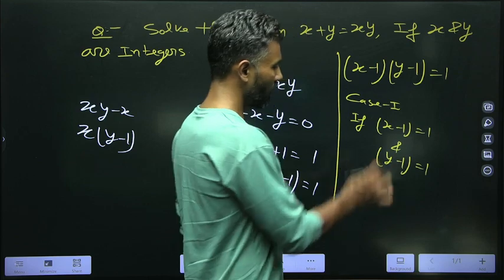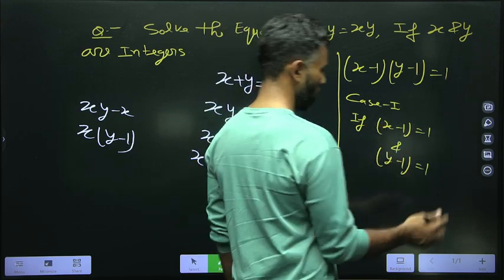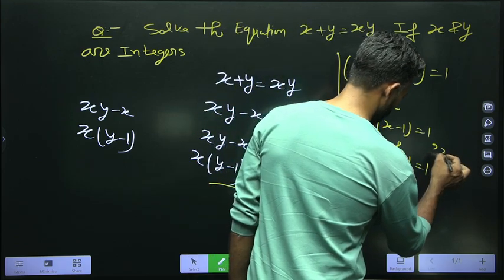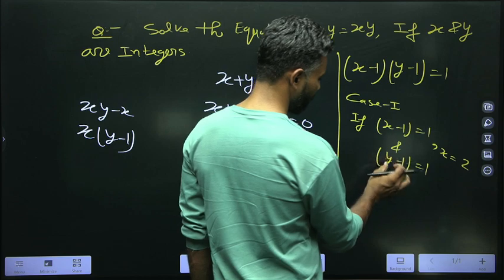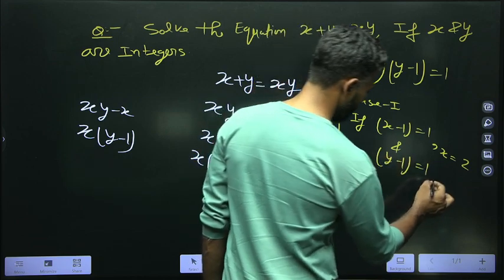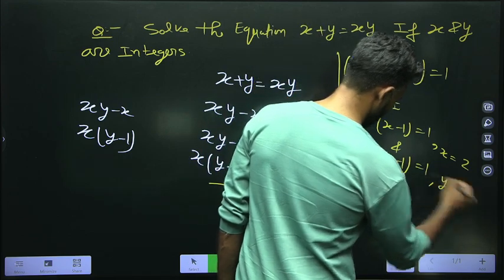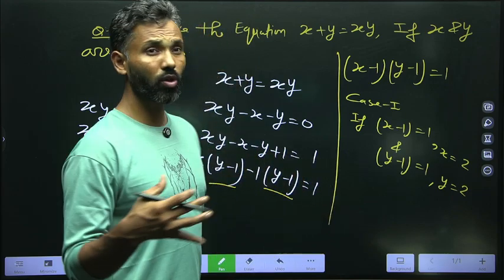In that case, x minus 1 equal to 1 means x will be equal to 2. In the same case, y minus 1 equal to 1, we can say that y will be equal to 2. So this is the solution based on case 1.